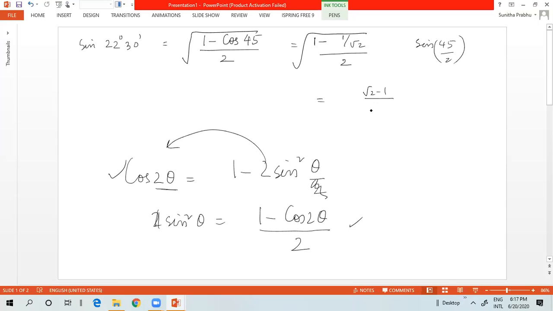Yes, sir. That means it is going to be root of root 2 minus 1 by 2 root 2. So wherever you have half of these angles, immediately you can use the formula and you can find it.